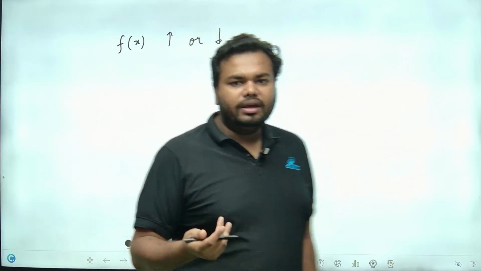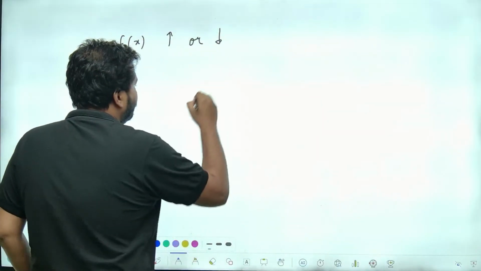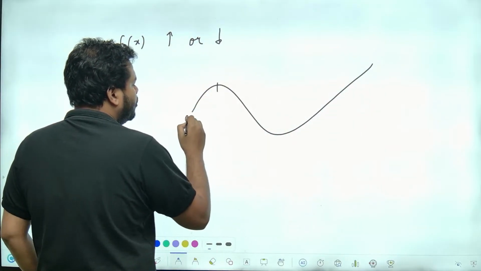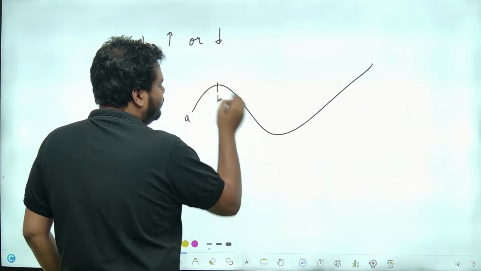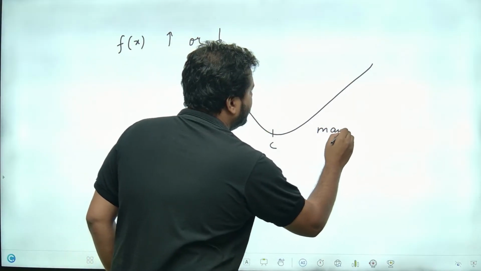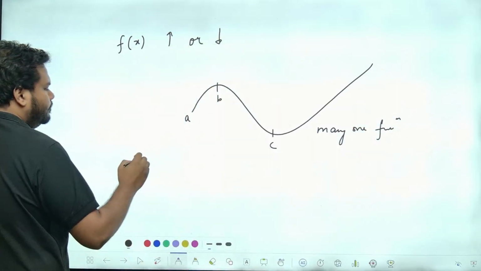If f(x) is neither increasing nor decreasing, for example, it is increasing from point A to B, and from B to C it is decreasing, it is a many-one function.